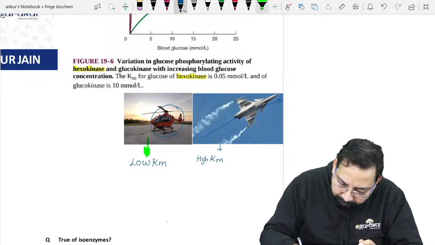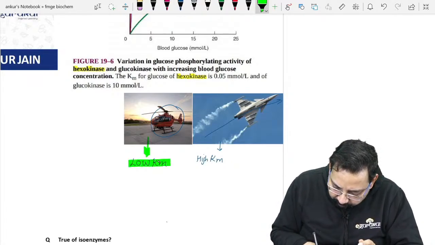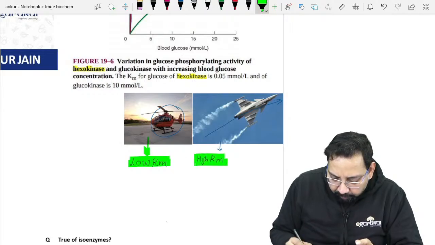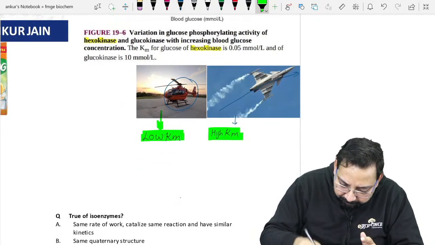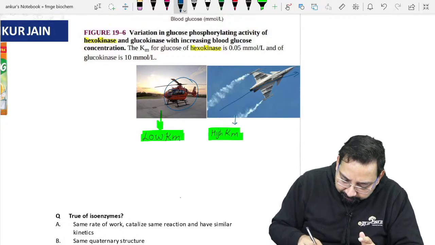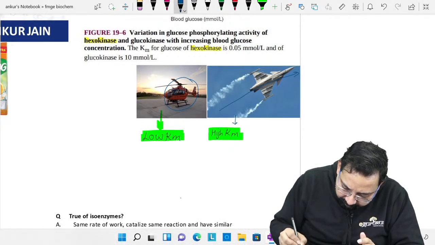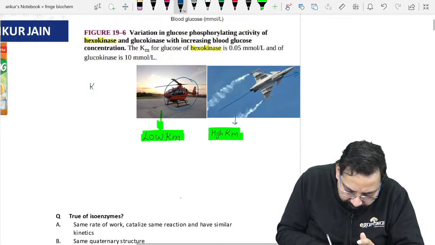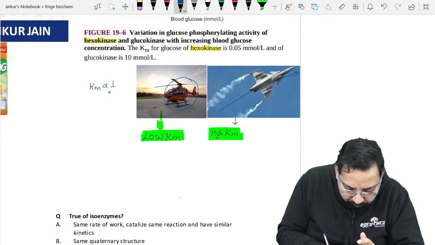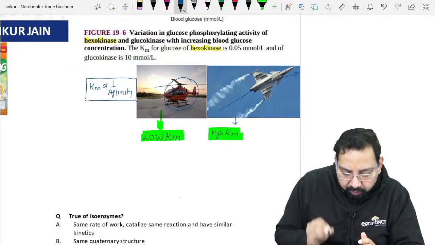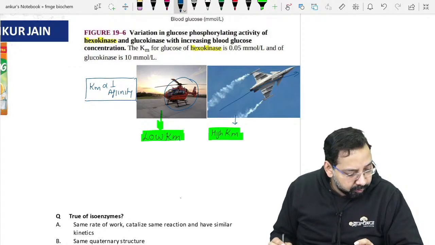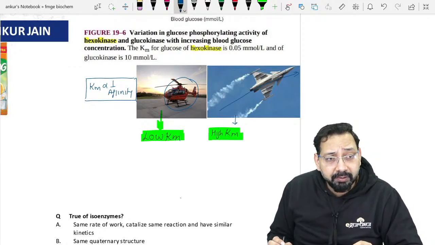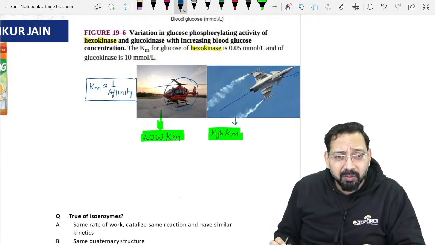Most of the time you will find that questions are asked on Km, and you all have an idea. I will discuss it with enzymes in detail: Km is inversely proportional to affinity. I write here, Km is inversely proportional to affinity. Try to save space as much as possible and write small, so that we can cover most of the topic on the same page.